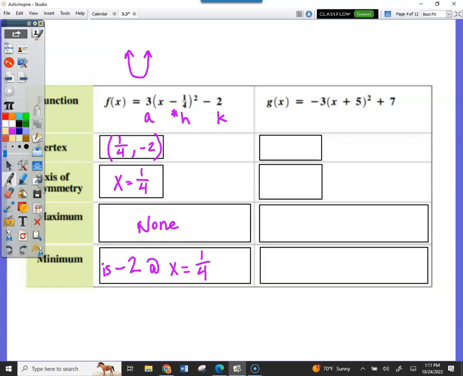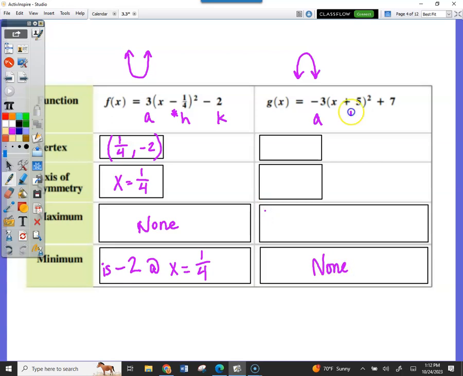Have y'all had plenty of time to try the next one? Okay, what's A here? -3. Okay, so it's opening down, which means it has a max, but that means no min.